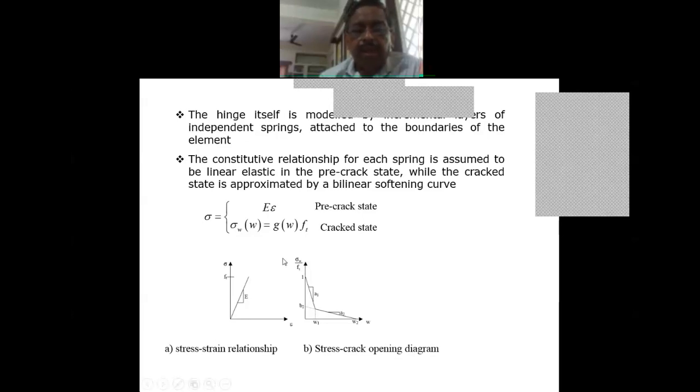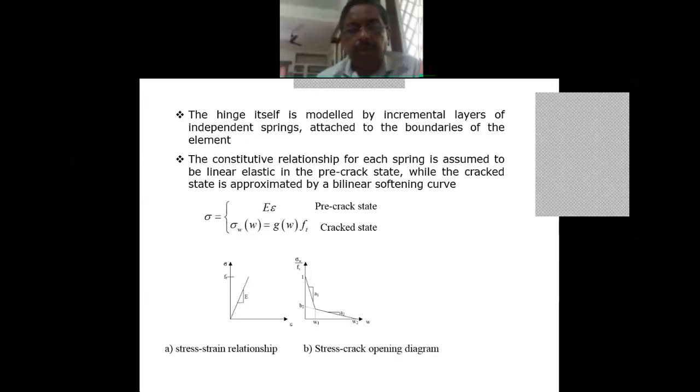This way there will be two slopes. One will be because of micro cracking and crack opening, and the other will be because of the frictional resistance between aggregates and the mortar. There will be some interface friction. That's why once the crack initiates, there is a sudden drop, but after some crack opening, there will be some frictional resistance, aggregate interlocking and other things, so that it opens slowly.